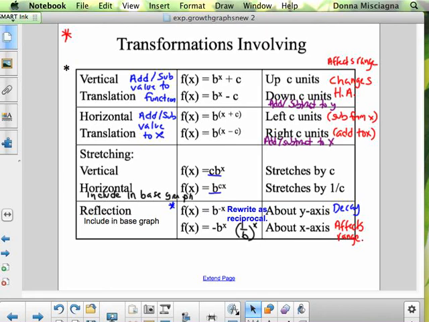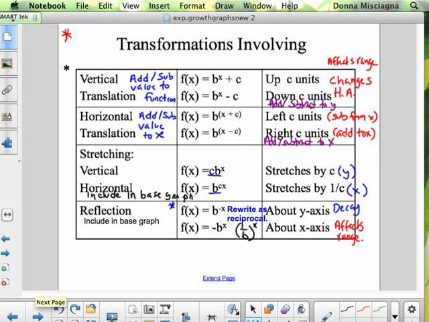it'll stretch the y by c. So this one is y. And you would just multiply by c, right? If it is a coefficient on the x, it's going to affect the x by 1 over c.